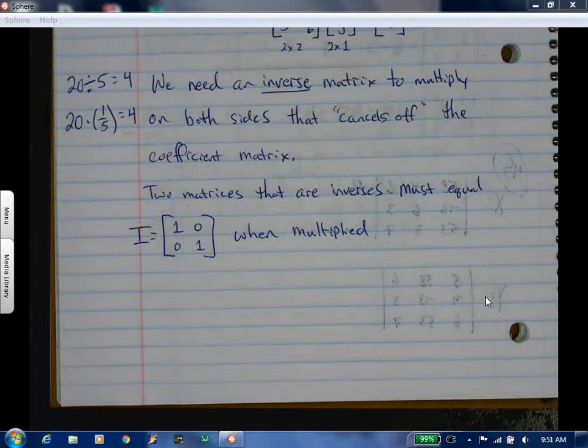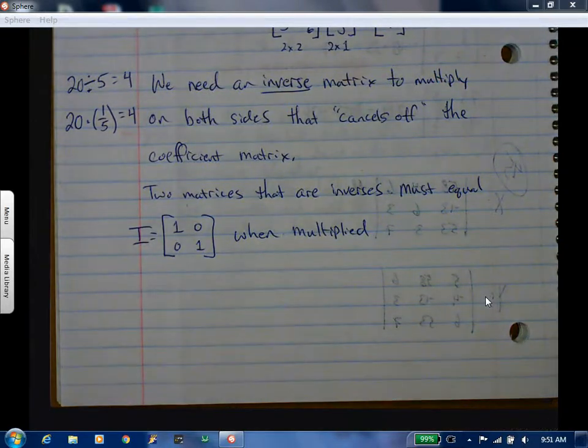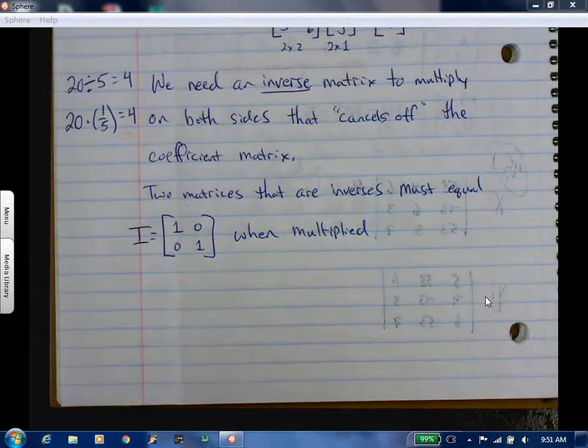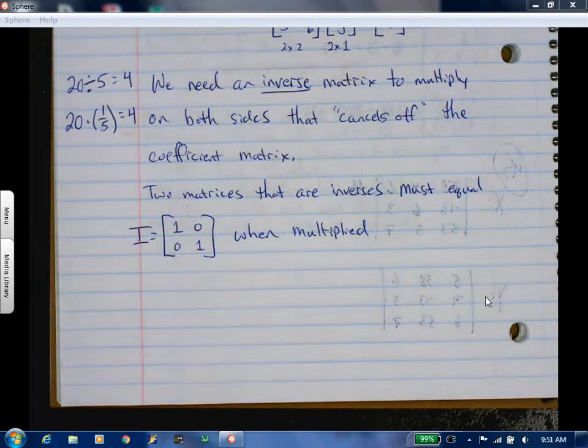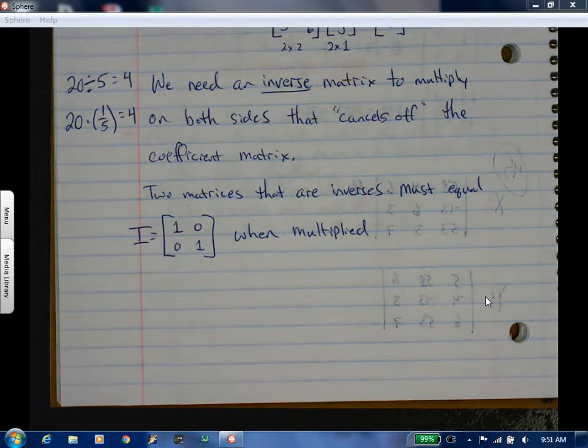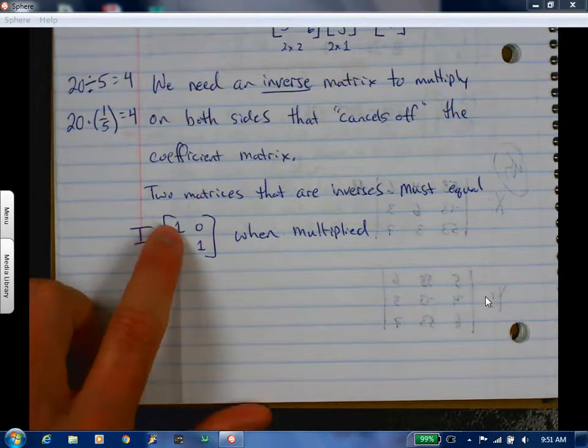Remember our x's and y's, the first column was x's, the second column is y's, you'd have one x and one y. So this identity matrix is always going to be 1s down the main diagonal and 0s everywhere else.